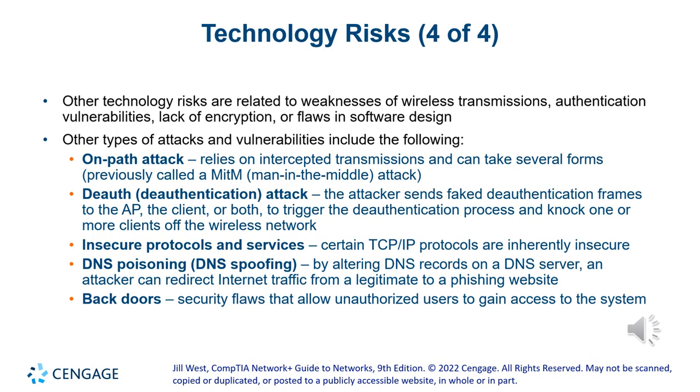DNS poisoning or DNS spoofing is a way to modify your DNS and intercept those DNS requests. So I can have someone go to, I'm going to open my browser, I'm going to go to www.mdc.edu, and let's say I'm a Comcast customer, and I attack 75.75.75.75, the Comcast DNS server, and I redirect that to another IP address that is not Miami-Dade, and I have another server with an exactly identical-looking web page.